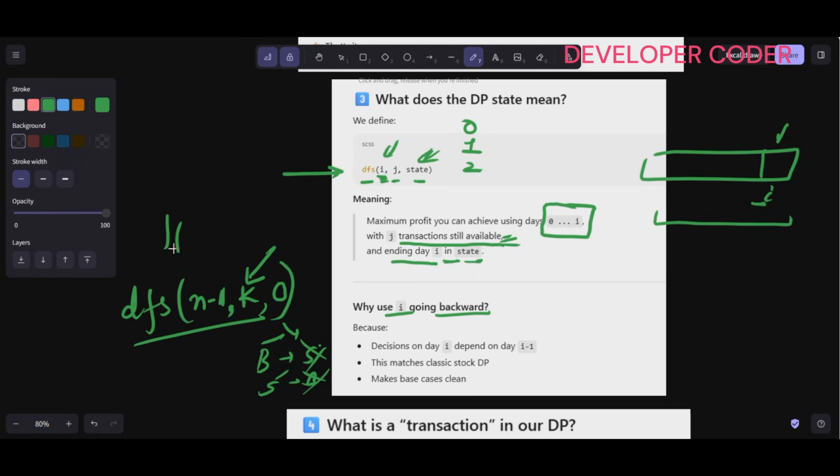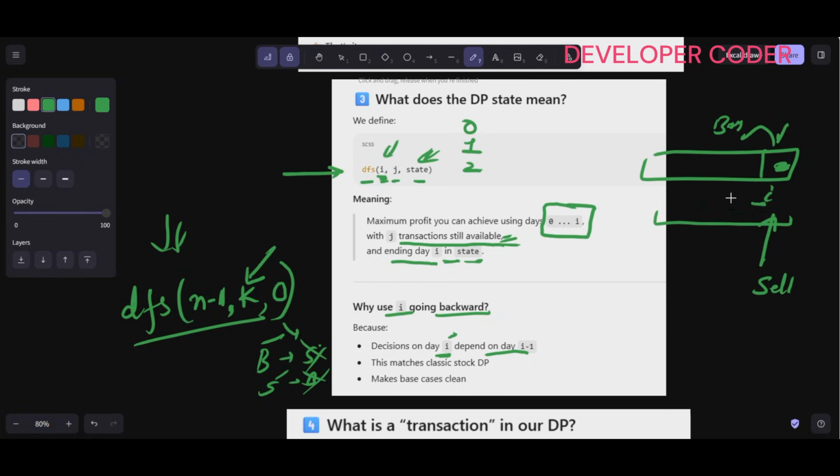So here if you see, my dfs is starting from the end. So the decision on day I depends on day I minus 1. This decision that I'm going to take for this day, maybe I'm going to sell one stock which maybe I bought earlier.